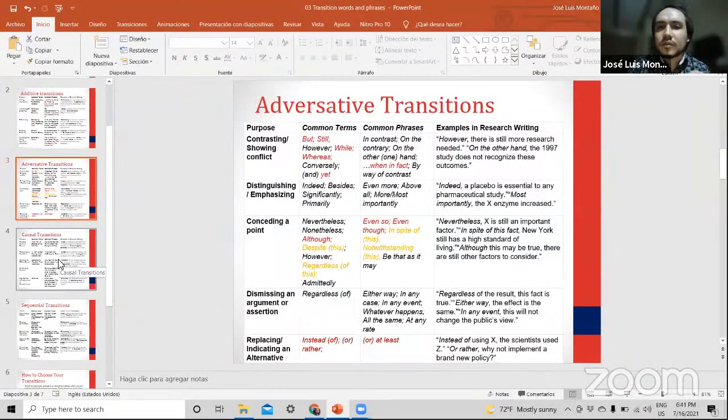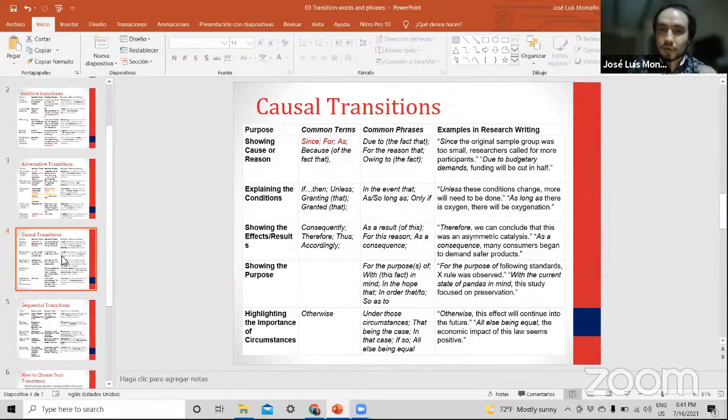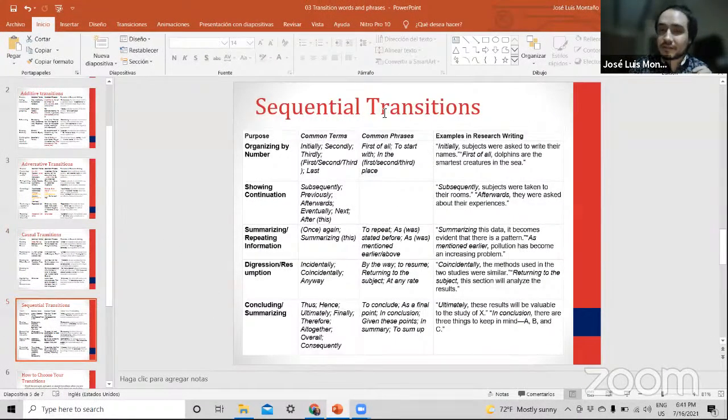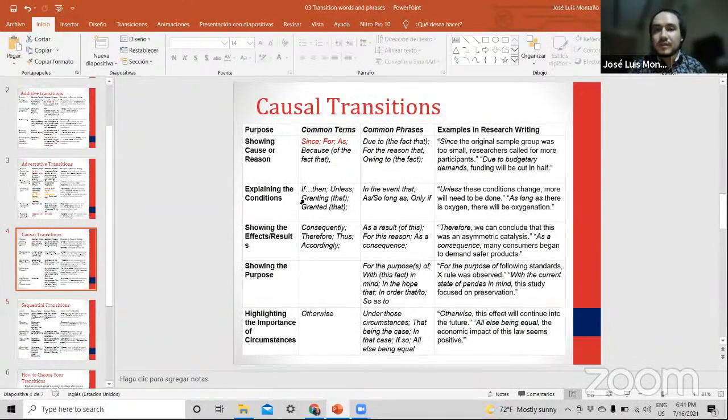Now we are only going to work with two more groups, but only two important parts of causal transitions, because only two are very, very important over here, and sequential transitions that are going to be very useful for your essays. Let's begin with this one, and we're going to start with the first group, which is showing cause or reason. You're going to help me with all that information, please, Lourdes.